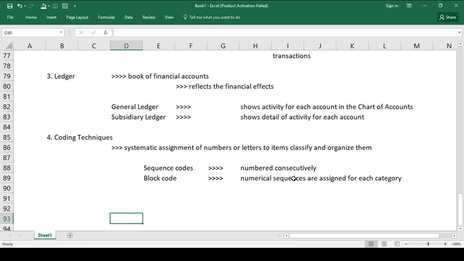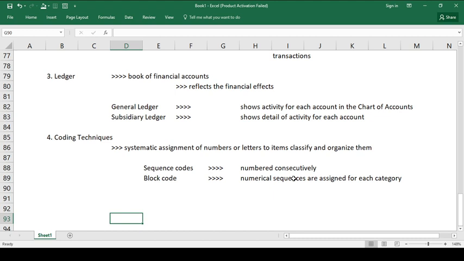The coding techniques can be in a sequence or in a block code. Pag sinabing sequence, ito po yung continuous. 1, 2, 3, 4, 5. That is sequencing. For block code naman, we assign numerical codes for a certain product. For example, from 6,000 to 6,520, itong mga codes na to refers to municipalities of province of Leyte.